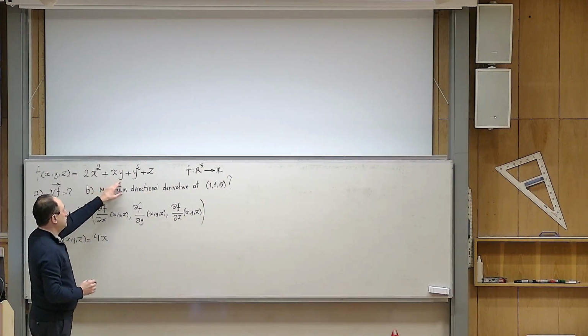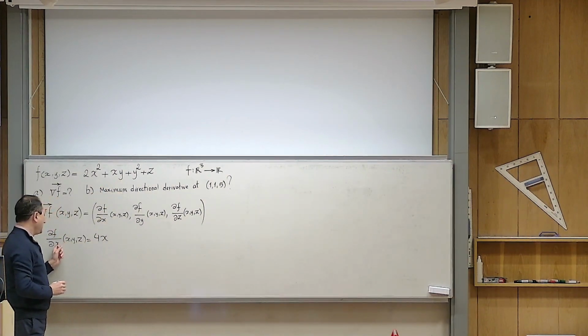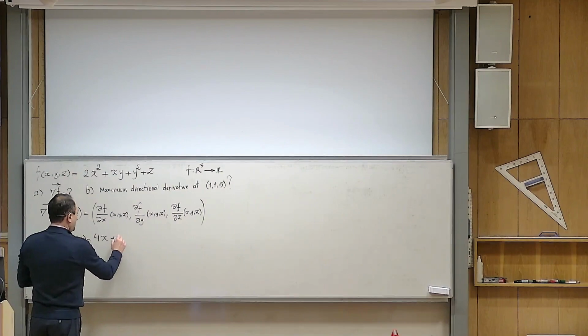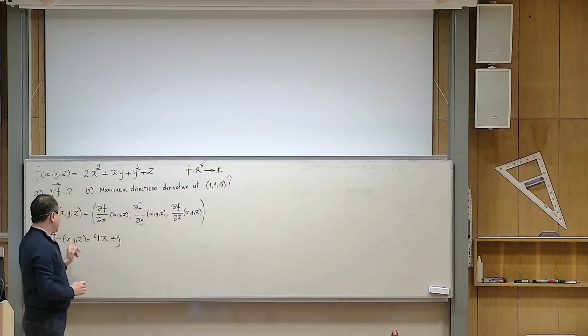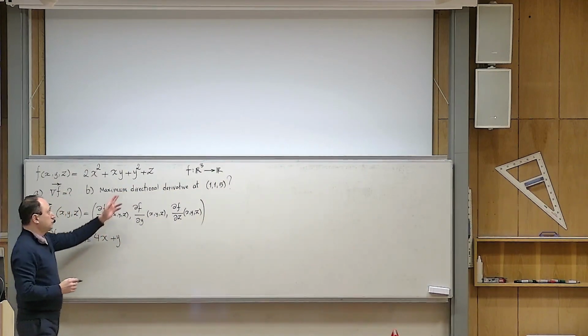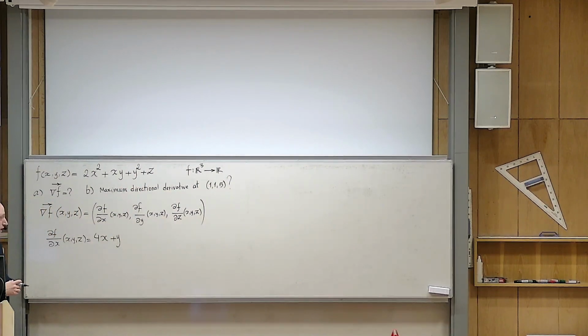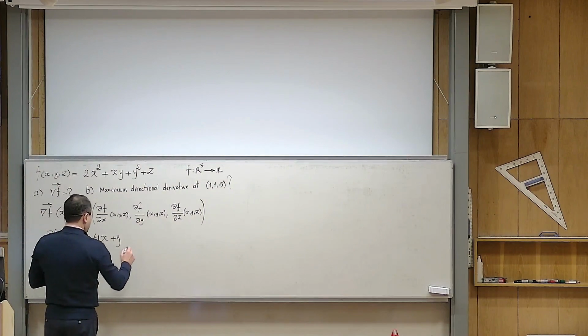The derivative of xy when x is variable and y is fixed is exactly y. The derivative of y squared when y is considered to be constant, of course, is 0. The same for this one. So that is the answer to the first component of the gradient vector field.